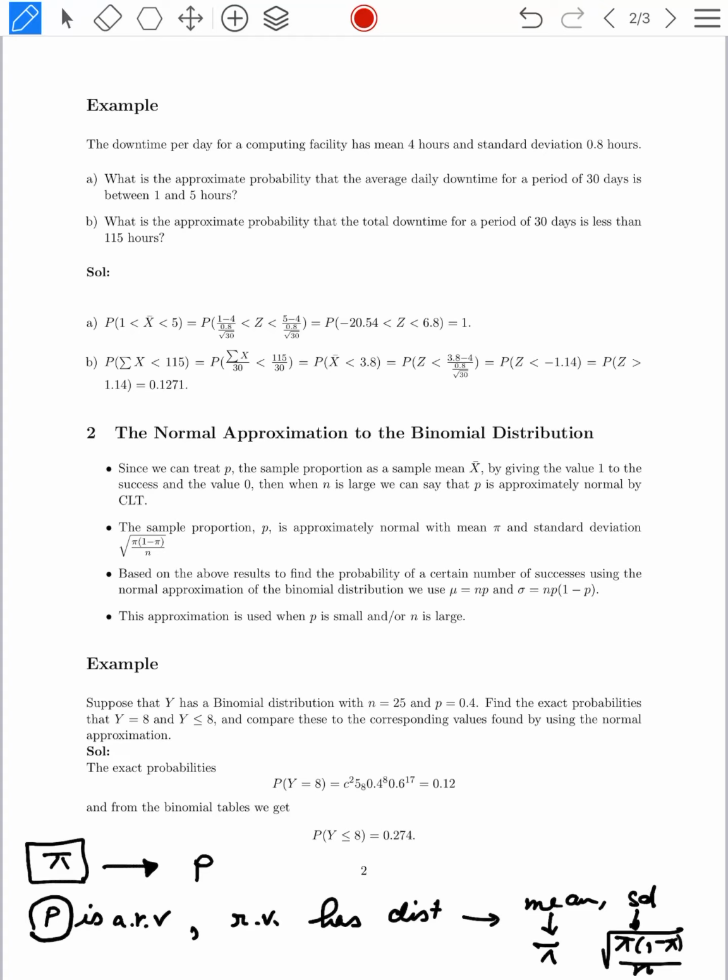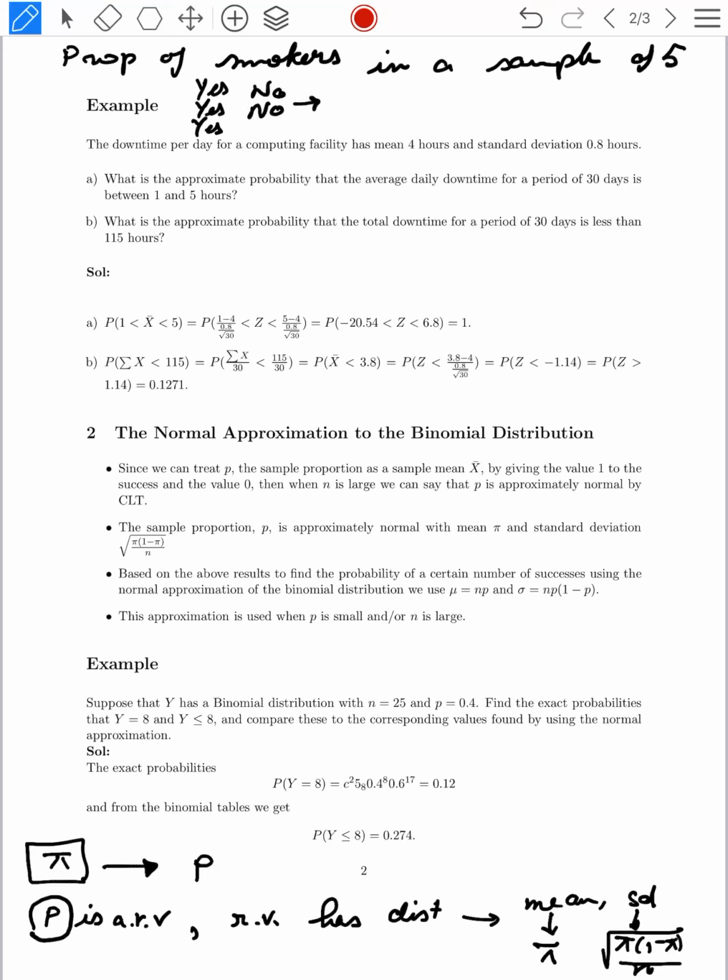So what's our trick here? We say that, for example, if I would like to calculate the proportion of smokers in a sample of 5, and I have 3 smokers: yes, yes, yes, no, no, then our proportion for smokers is going to be 3 over 5.